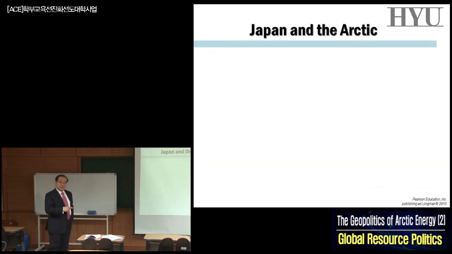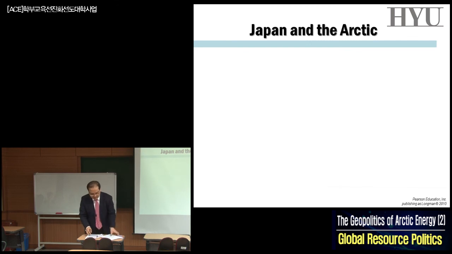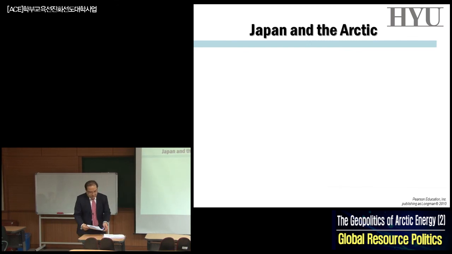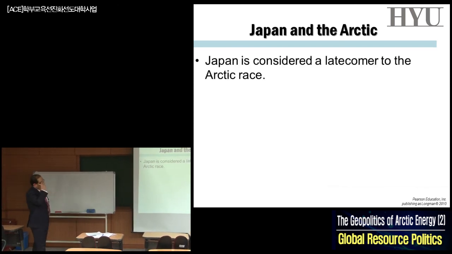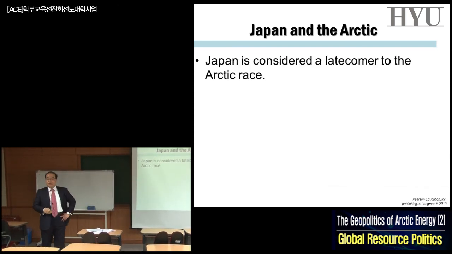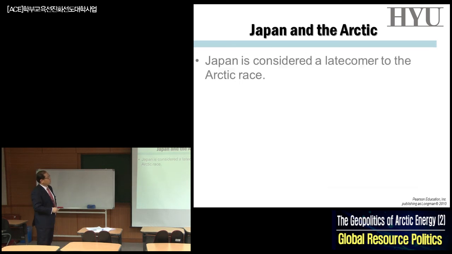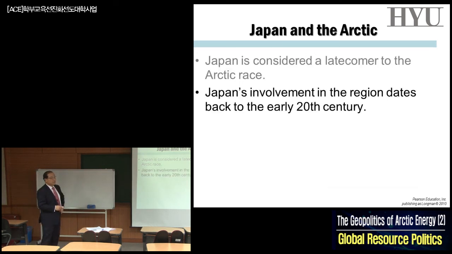Let's look at Japan. Japan, very important. Japan was relatively late in coming to the Arctic race, but their involvement in the Arctic traces back to the early 20th century.